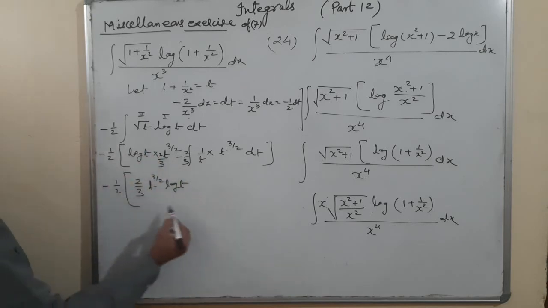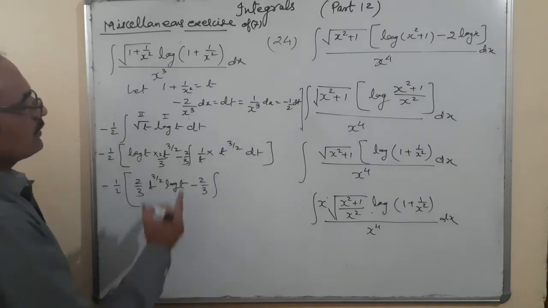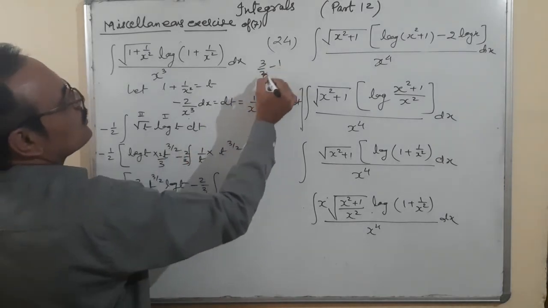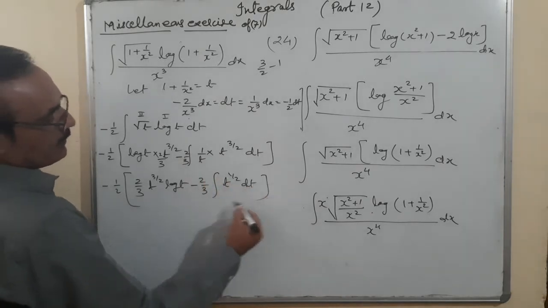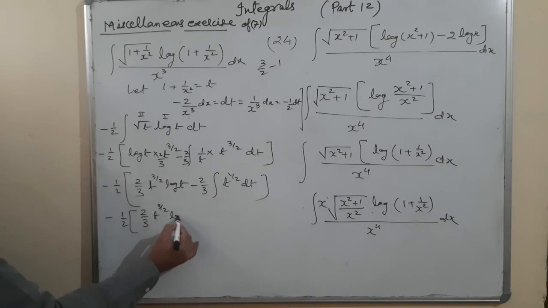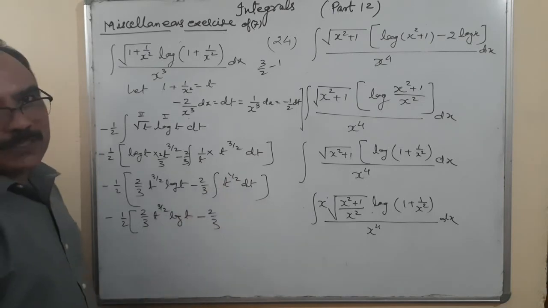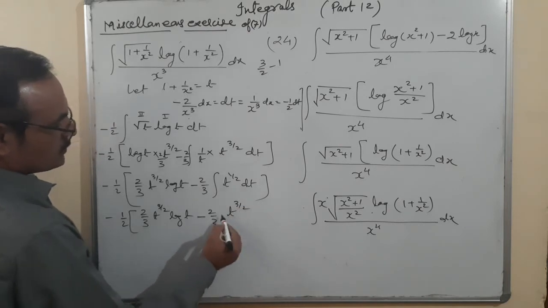Okay, this I have written. Minus 2 by 3, t to the power 3 by 2 minus 1, because upon t is here. So 3 by 2 minus 1 is 1 by 2, so it is t to the power 1 by 2 dt. Okay. Minus 1 by 2, 2 upon 3, t to the power 3 by 2 log t, minus 2 by 3, t to the power 1 by 2 plus 1, that is t to the power 3 by 2, upon 3 by 2, so it is 2 by 3.